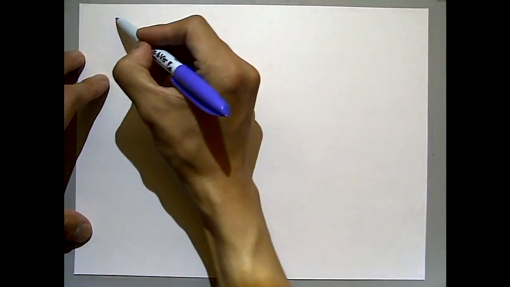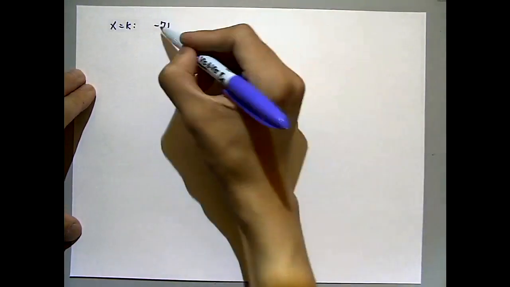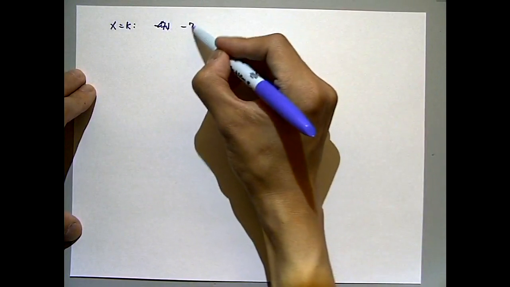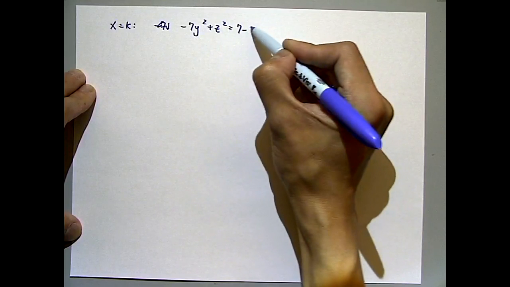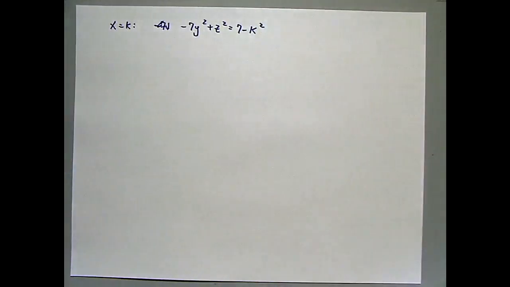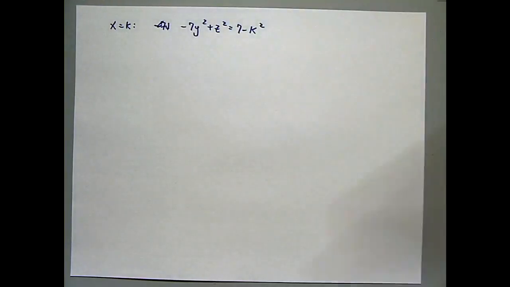Okay, now let's look at x is equal to k. Letting x be k, we get negative 7y squared plus z squared equals 7 minus k squared. Different signs, so again, we have hyperbolas.